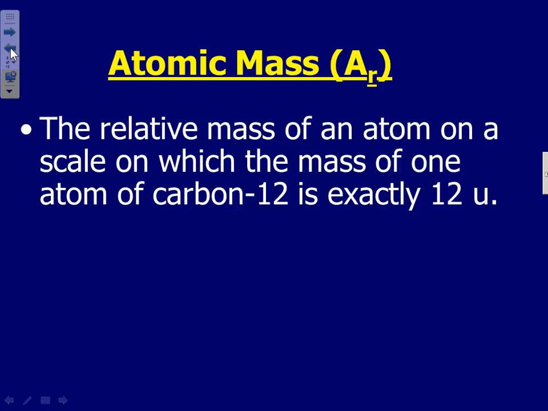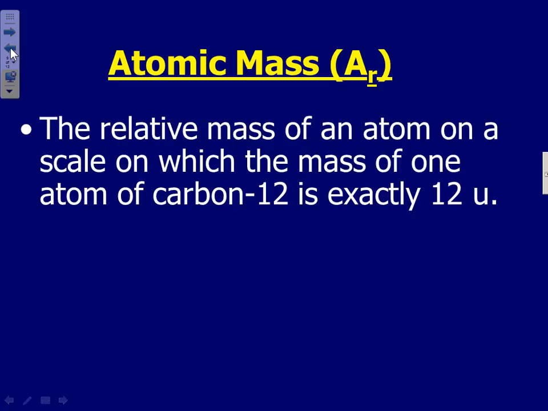Well, chemists decided, let's use something that's really important to life, like carbon, and let's let carbon be exactly 12. So we're going to force a carbon-12 isotope to be exactly 12 units. So they defined the unit as that.